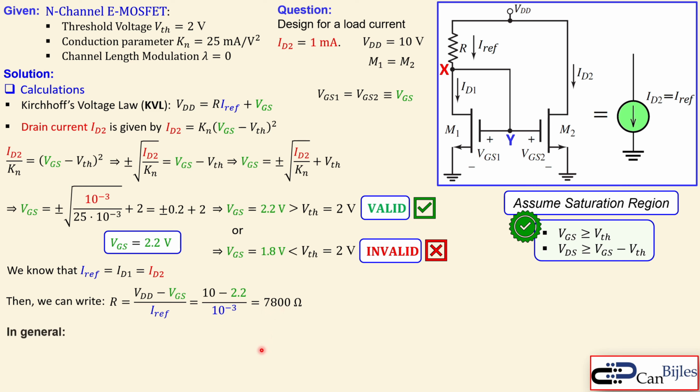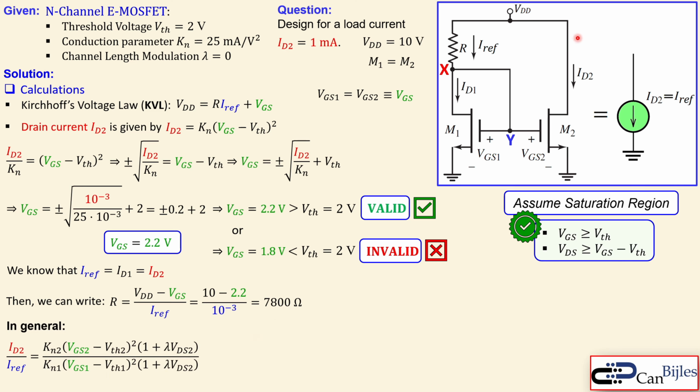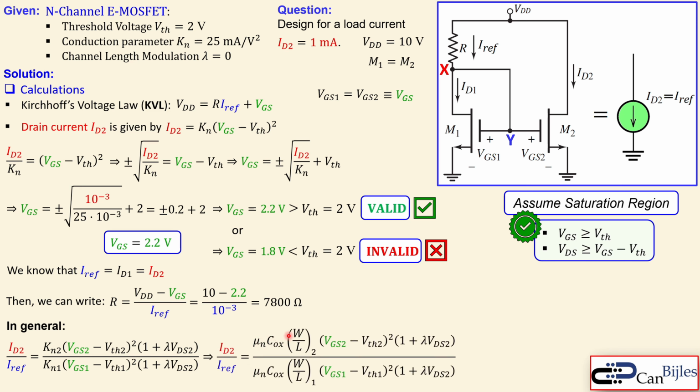Now, in general, we can say the following. That is important to know, that the load current here, the ID2, divided by the reference current here is related by this expression. In general, you see also the lambda, which is the channel length modulation. Now, the Kn2, which is the conduction parameter, is written out like mu n Cox and W over L, which is this parameter.